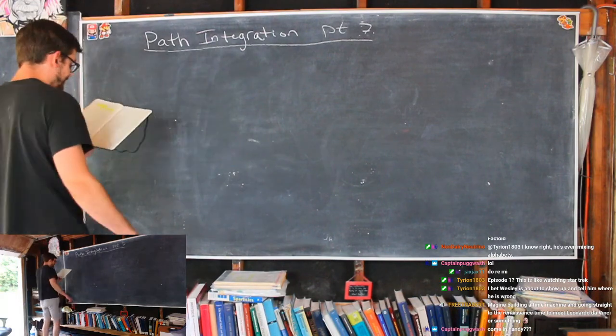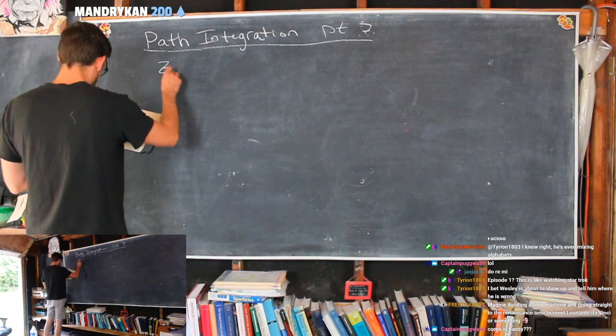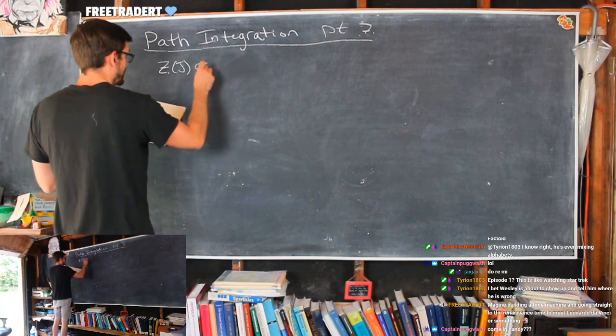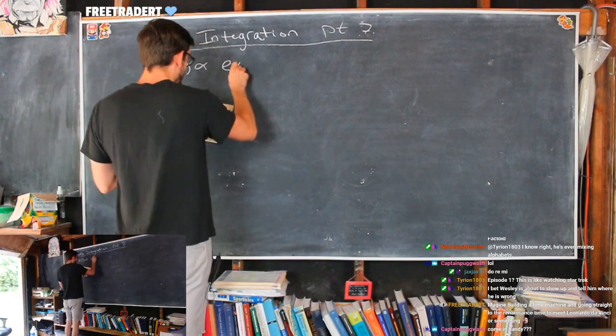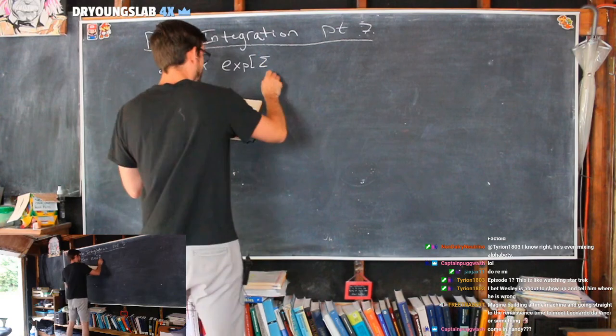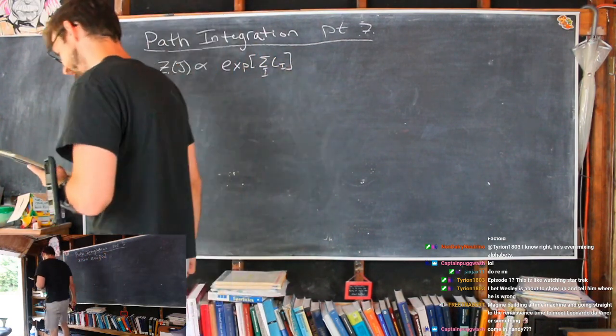So we ended by noting the following. If we took our amplitude of the interaction, that was proportional to the exponential of all of the connected diagrams, right?